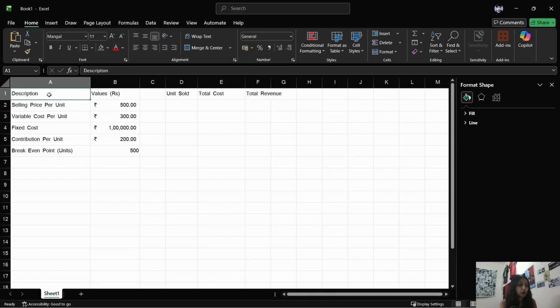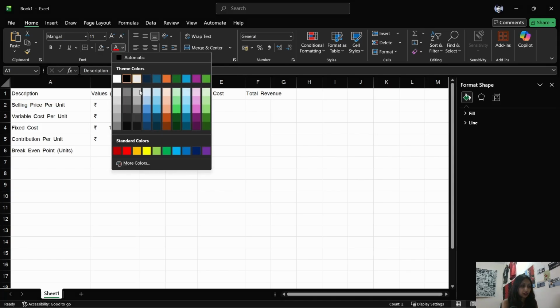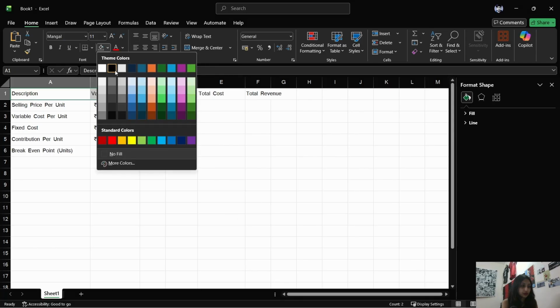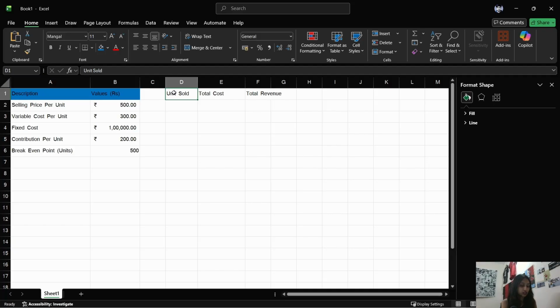Before moving further, I'm going to highlight the important points, the main headings and contribution per unit, break-even point, and the units sold, total cost, and total revenue. I'll be taking blue for the headings.